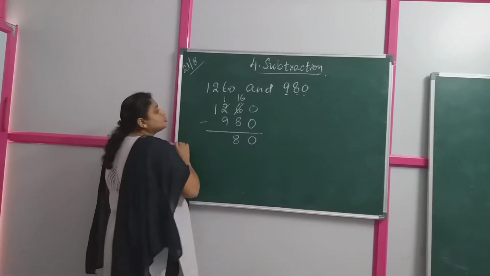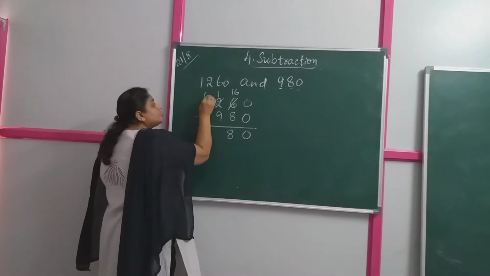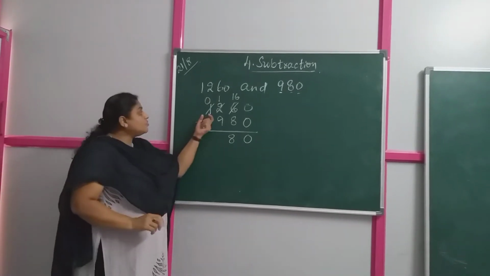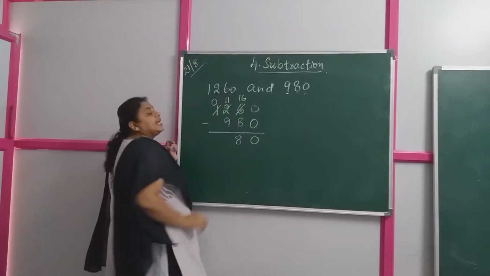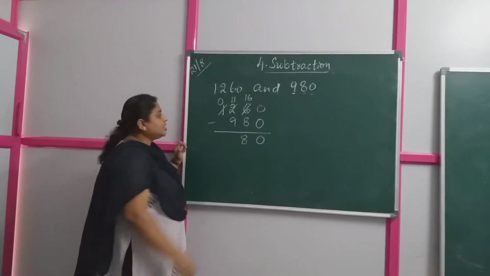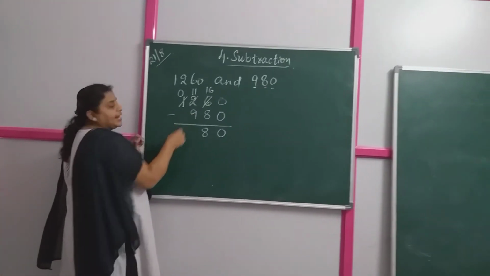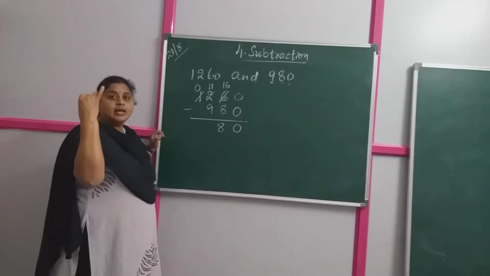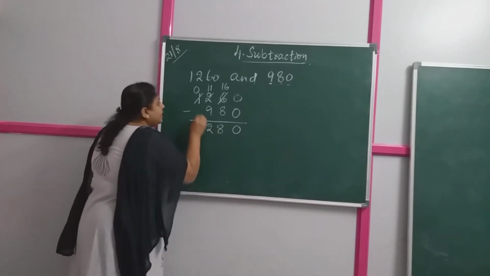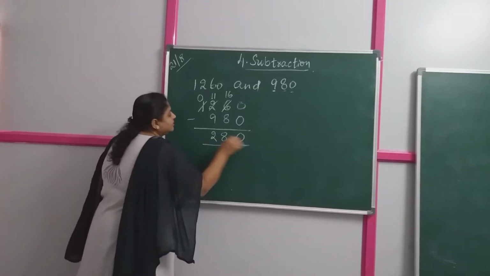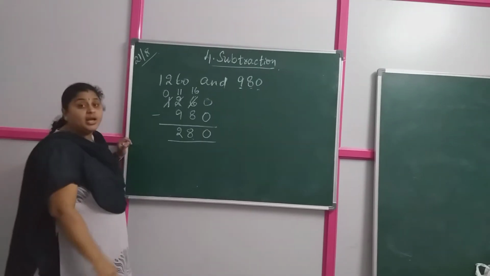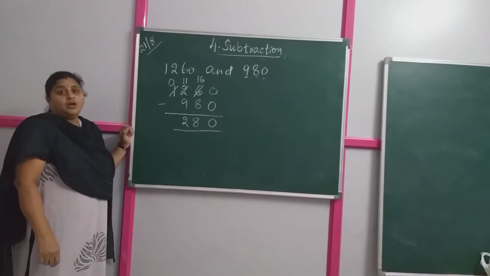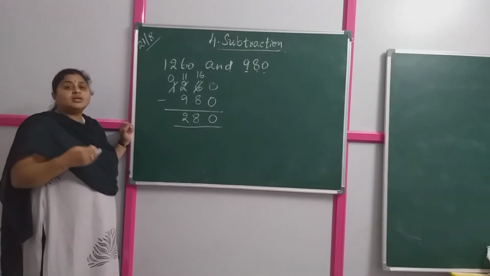So 1 changes to 0, because before 1 we get 0. And this 1 changes to 11. Got it, children? Now 11 minus 9. Count after 9. 10, 11, 2. And we have 0 here. Nothing, so we just leave it like that. 280 is your answer.